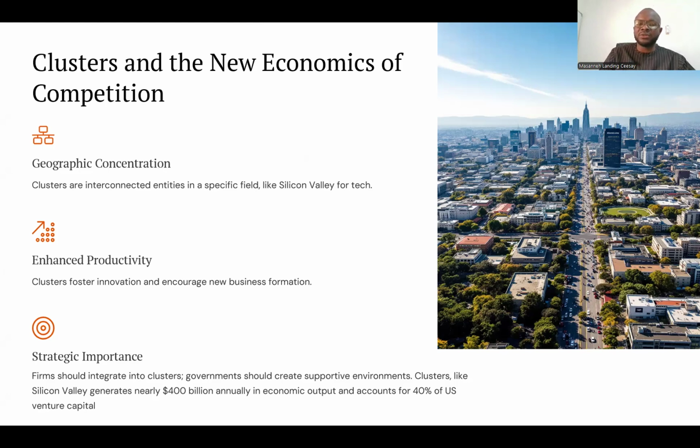So when clusters happen, firms need to be open to integration into a cluster. And the government's role would be to create a very enabling environment to ensure they thrive. An example of such in Africa is Rwanda.